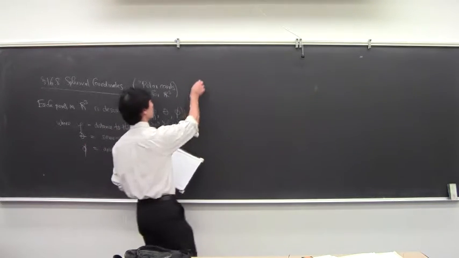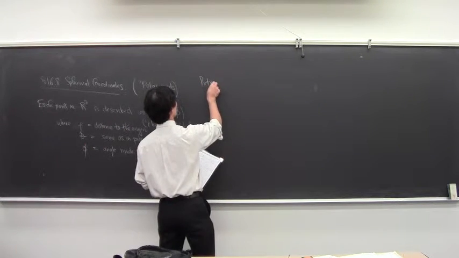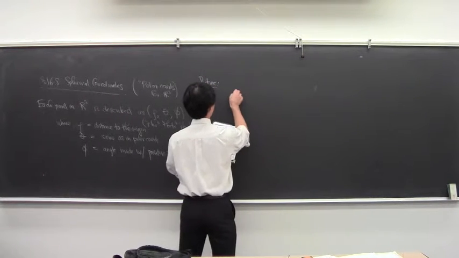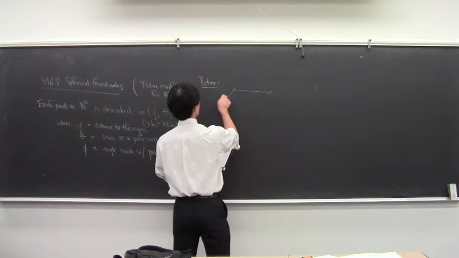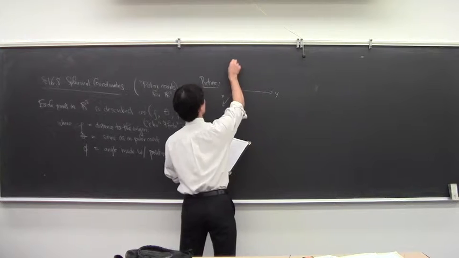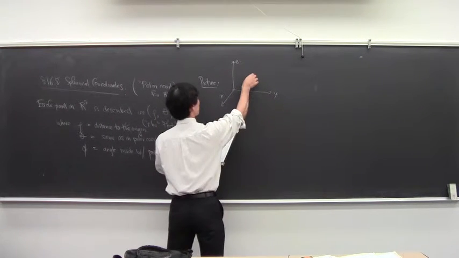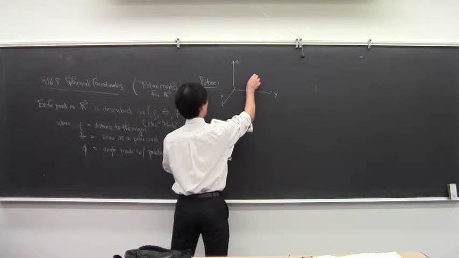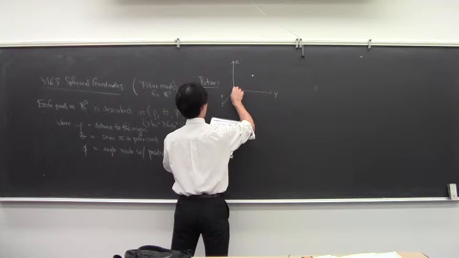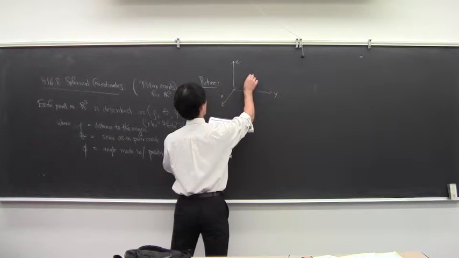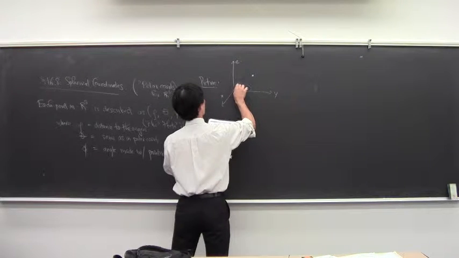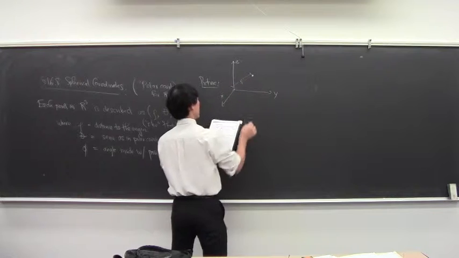Okay, so here's the picture. This is x, this is y, and this is z. And you have some point here. Then the length of the vector here is rho. So this length is rho.